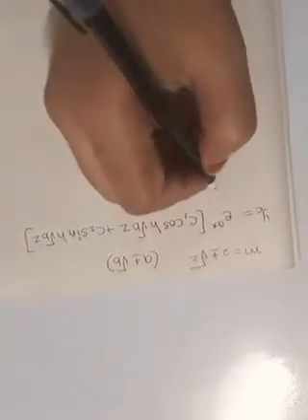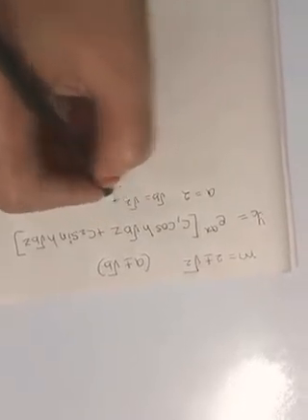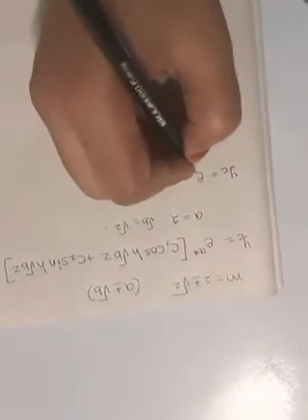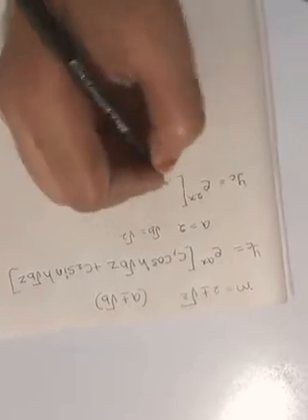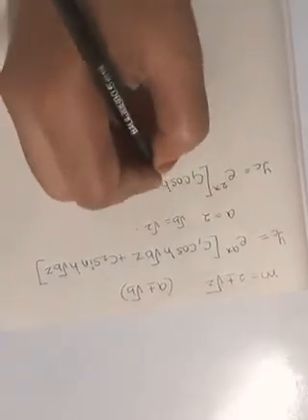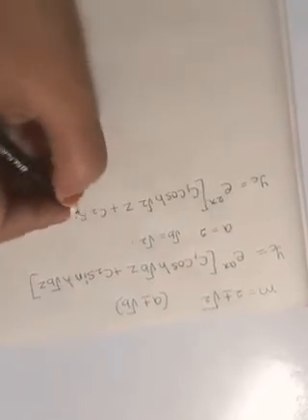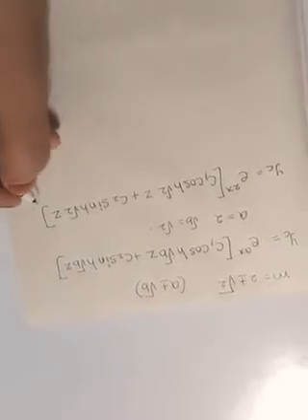Okay, now here a is equal to 2 and root b is equal to root 2, right? And we are substituting here, that is yc is equal to e to the power of 2x into c1 cos h root 2 z plus c2 sin h root 2 z. So this is your yc value.